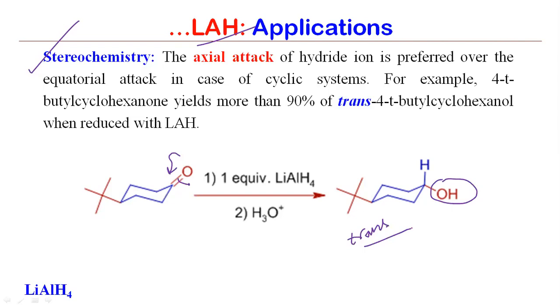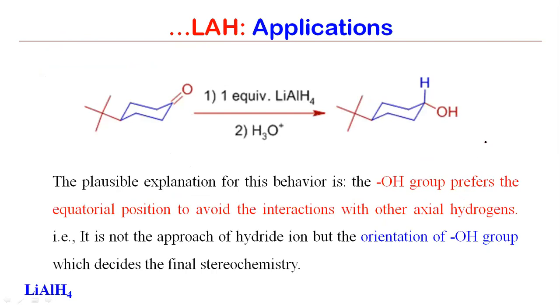This is the major product which is formed, because of the nature of the OH, which prefers the equatorial position. So it should be remembered that whenever we treat a cyclic carbonyl compound with LiAlH4, it will attack on the axial side, and the resulting product will have the equatorial OH.